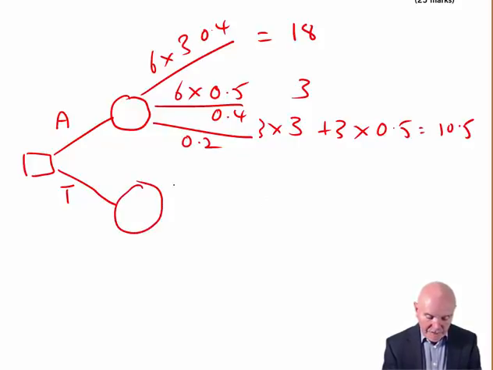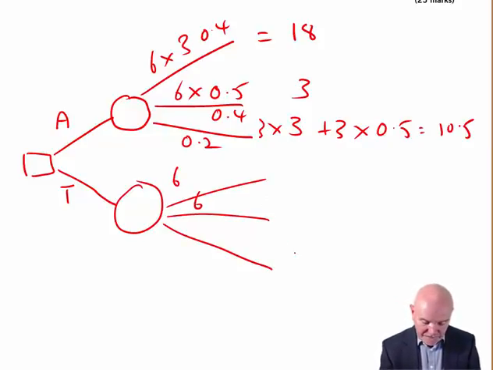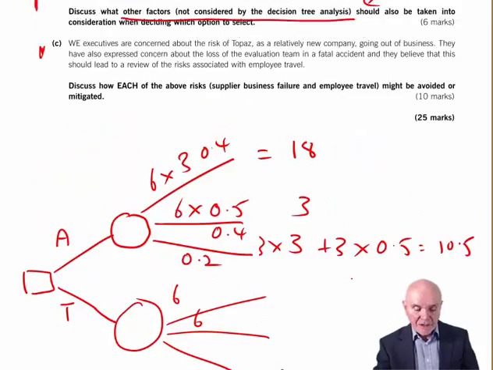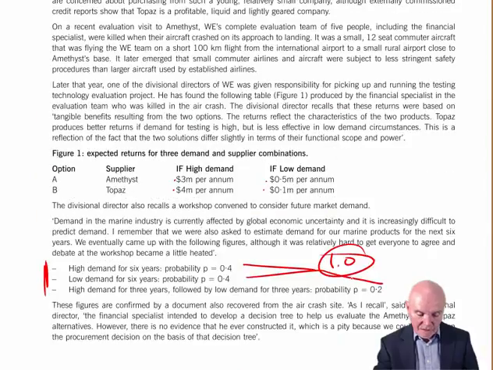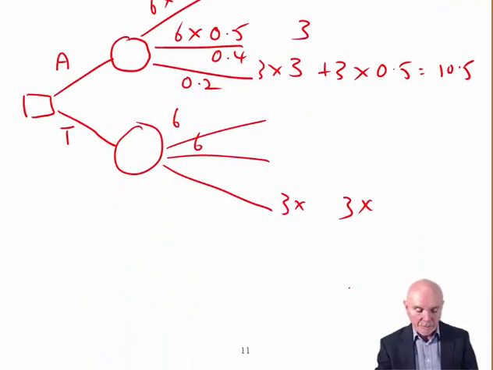The bottom one's very similar, a very easy decision tree, this really. We're going to have 6, 6, and 3, and 3. So the high return is 4 million and then 0.1. So 6 times 4, 6 times 0.1, and 3 times 4 plus 3 times 0.1.